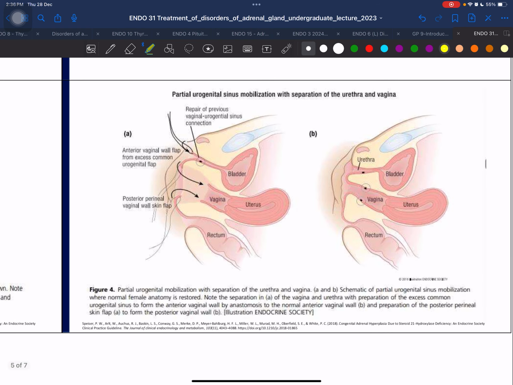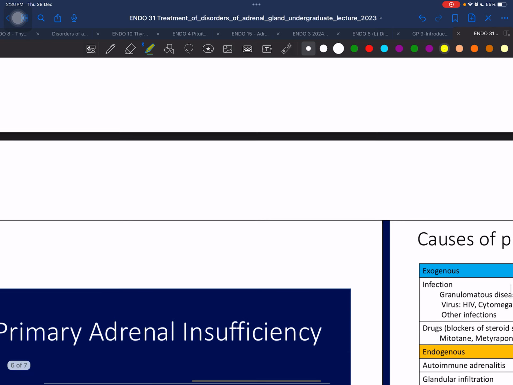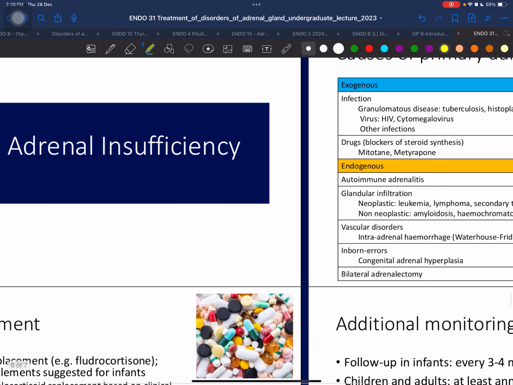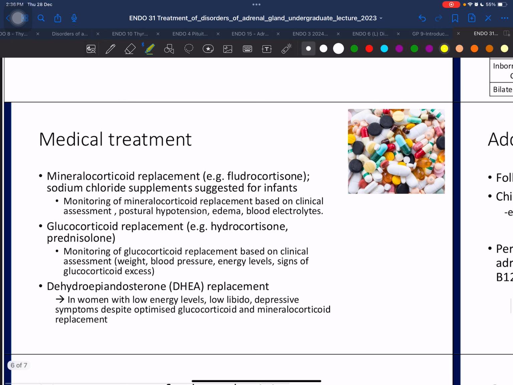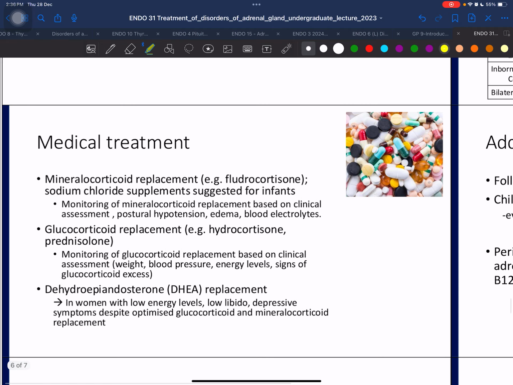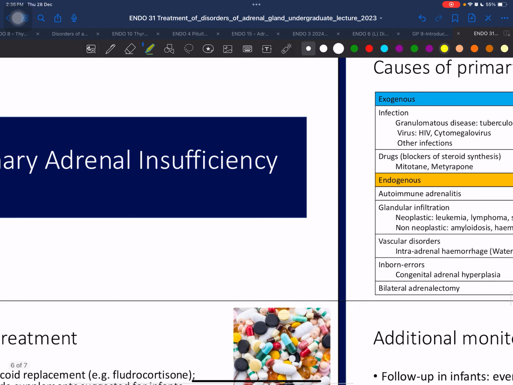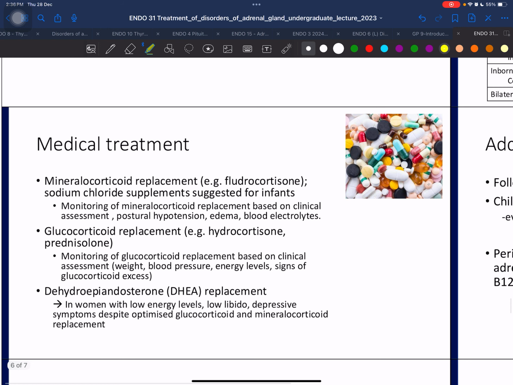Primary adrenal insufficiency. Again, the causes you have to remember. For medical treatment, you give mineralocorticoid replacement, glucocorticoid replacement, and androgens if needed. This was also discussed in your STL just now. They lack all the hormones, so you just give them replacement, but you need to monitor.